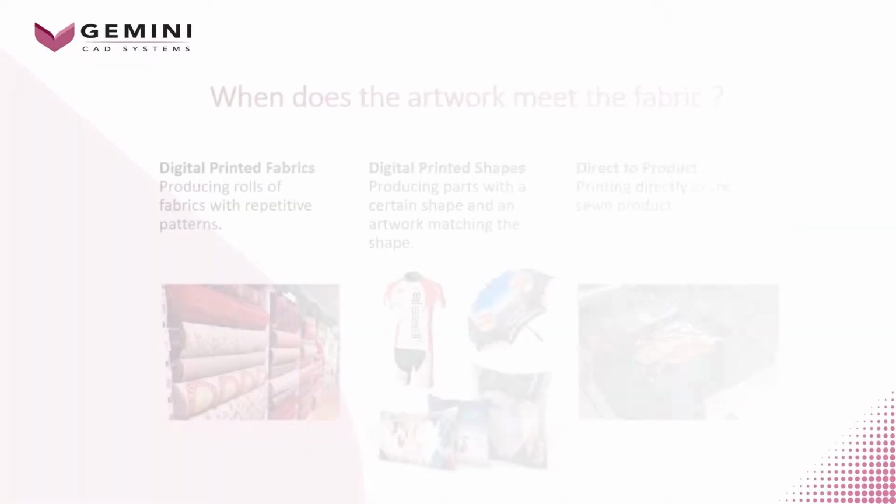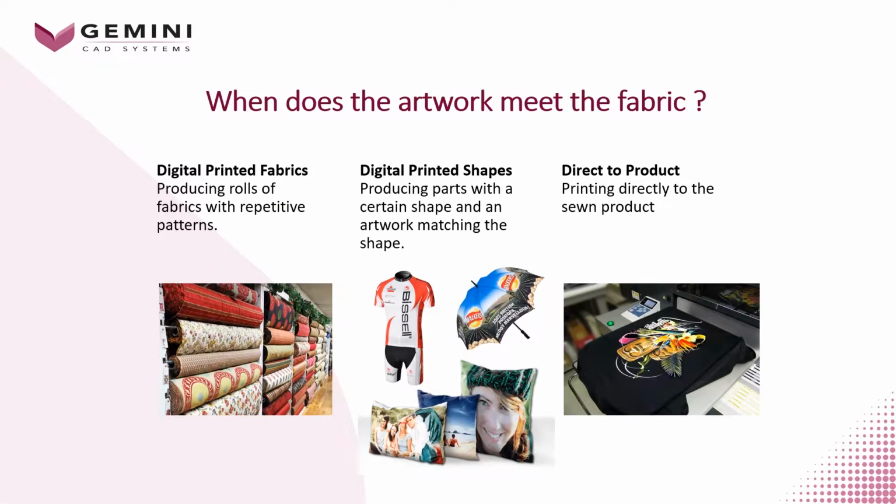So for us, it is very important to understand and to make the first basic separation. When does the artwork meet the fabric? Because you can have digital printed fabrics, that means you produce rolls and later you transform them into something. Or you print on fabric, but you print some parts which already have a shape.